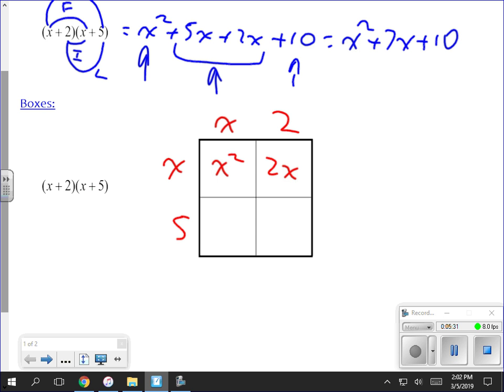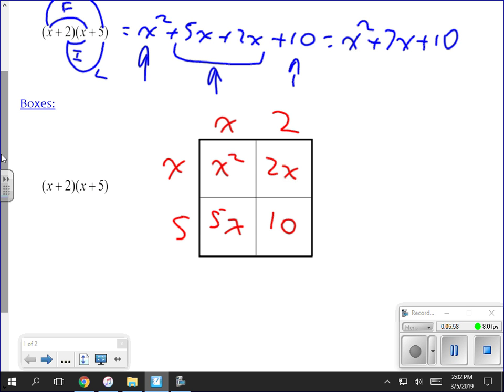And then for this box here, I have 5 times x to get 5x. And then 5 times 2 to give me 10. So I did the same thing. If you look, I get the same thing that I did when foiling. x squared, 5x, 2x, and 10. The same terms. Either way, two methods of doing the same thing.